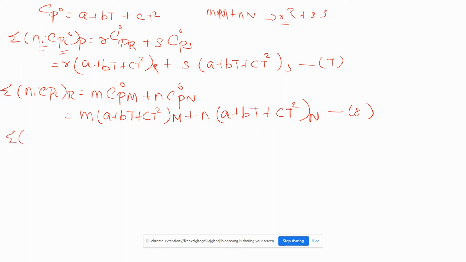So now we have to find sigma Ni Cpi of P minus sigma Ni Cpi of R. That is what in the integration equation we have written.